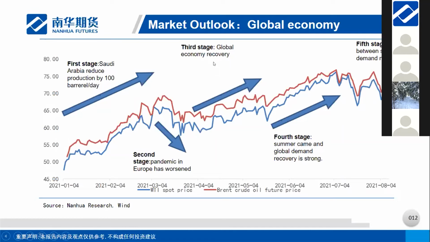Several events happened in this stage. First, the epidemic situation in India continued to deteriorate. Second, the Suez Canal was blocked, and also the U.S. refined oil pipeline was attacked by hackers.